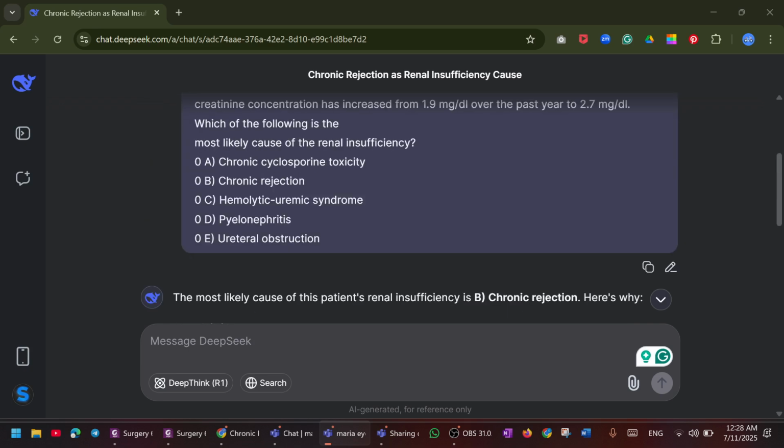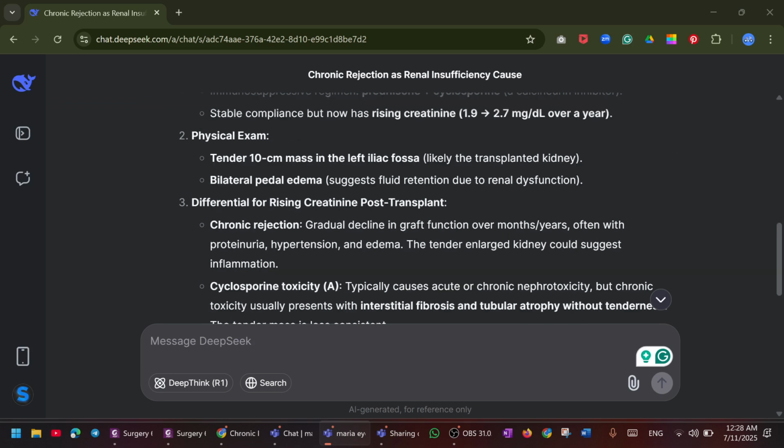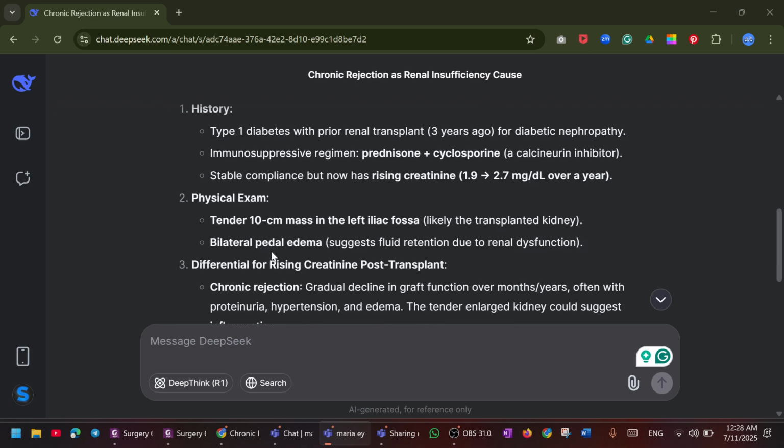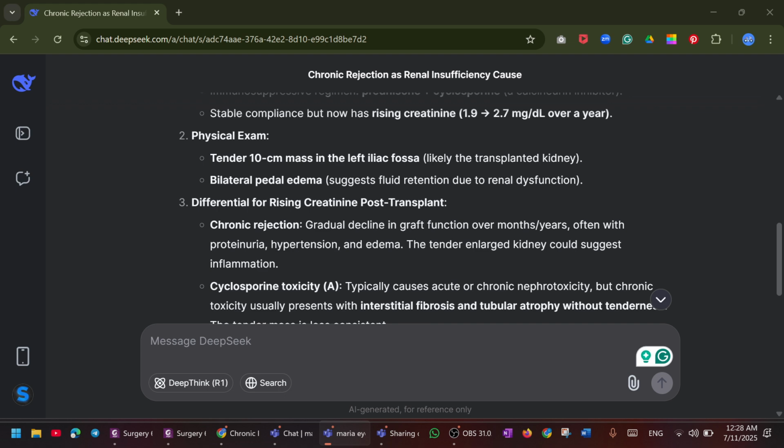They actually put the question into history and physical examination. Look at the physical examination: a 10 centimeter mass in the left iliac fossa, likely the transplanted kidney. So this mass is the transplanted kidney. One thing we do during kidney transplant is we put the new kidney into that area.